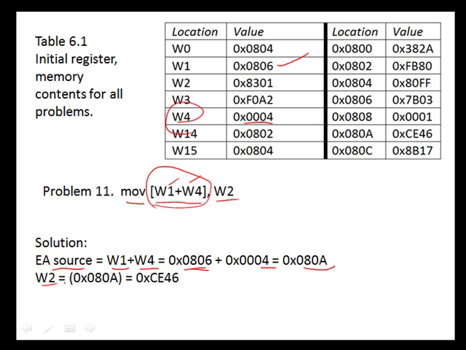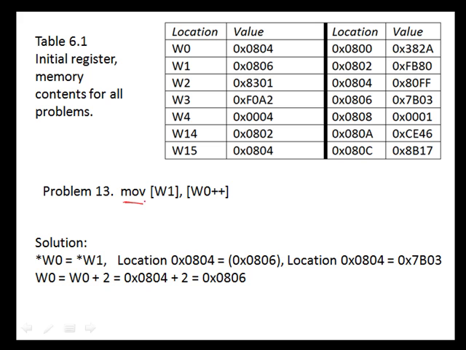So W2 is going to be the contents of memory location 80A. If we take a look at 80A here, it contains CE46. This is a word operation, so the 16-bit value CE46 will be written to W2. So the final value of W2 is CE46. Note that this addressing mode here does not affect either W1 or W4. The only register that is affected is W2.